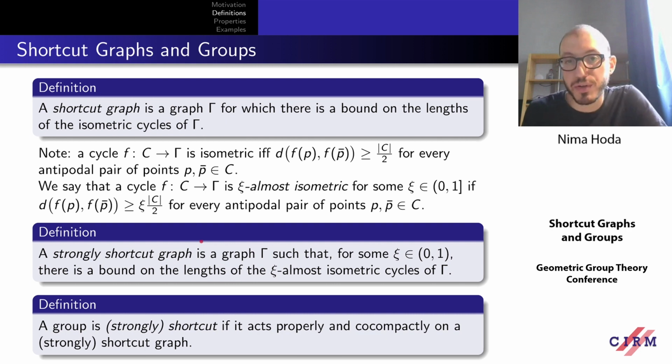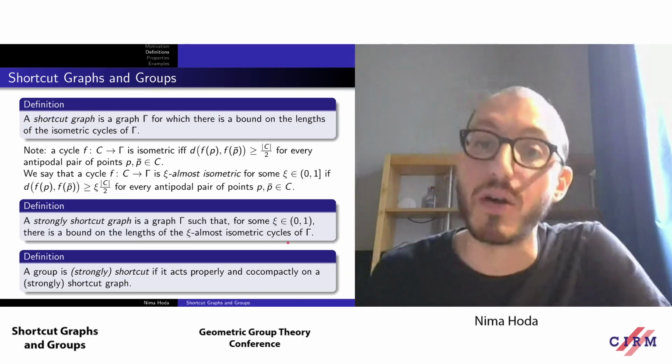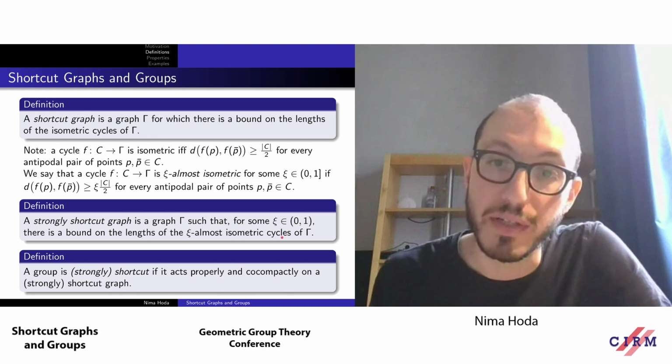Okay, so a strongly shortcut graph is a graph gamma such that for some psi, now strictly between 0 and 1, there's a bound on the lengths of the psi almost isometric cycles of gamma. So we're not just bounding isometric cycles, even cycles that are close enough to being isometric are also bounded in length.